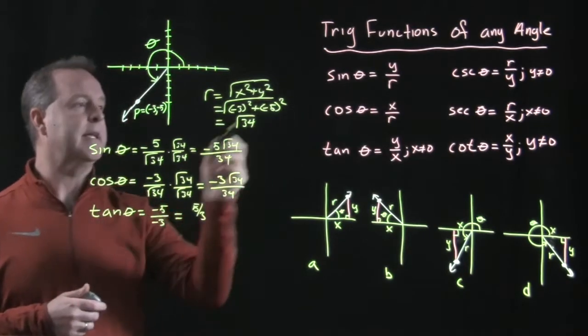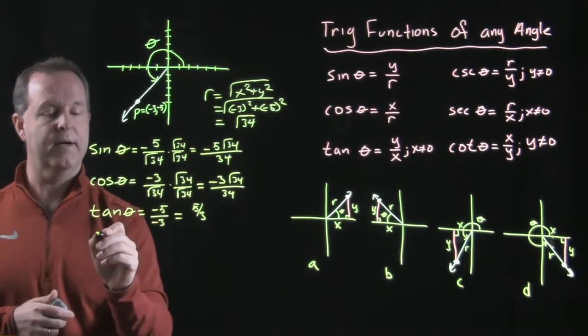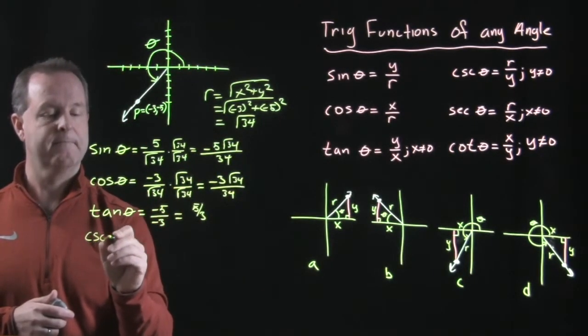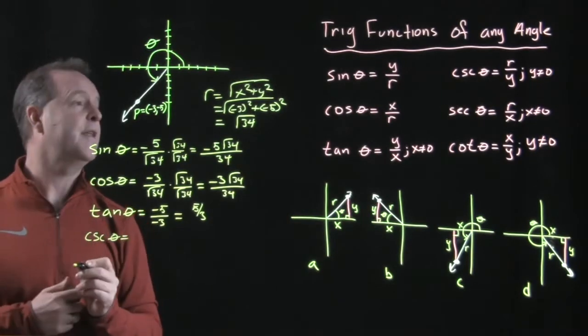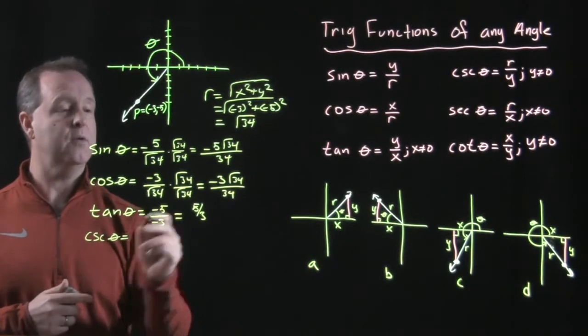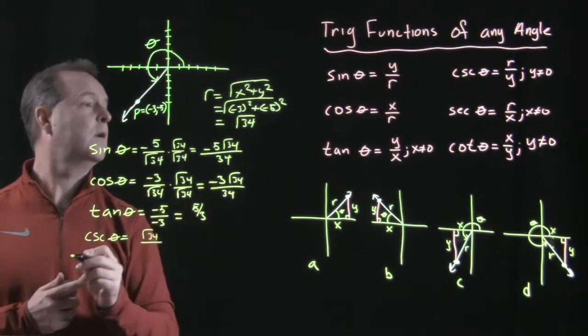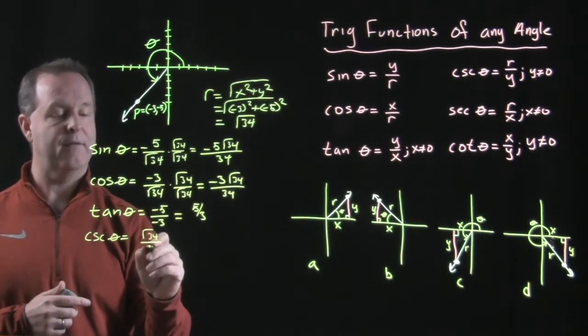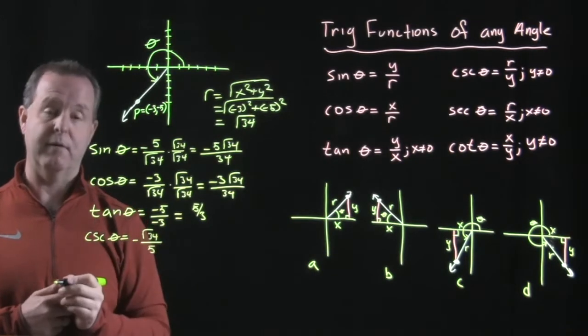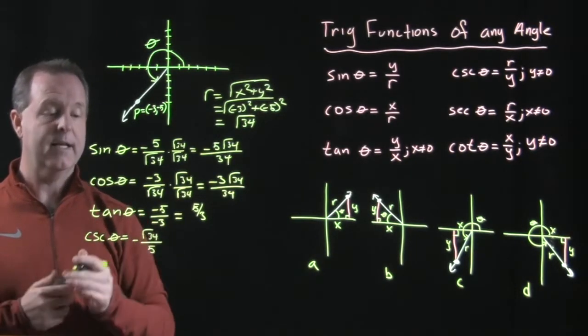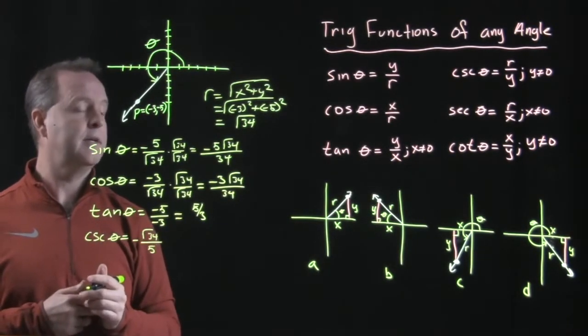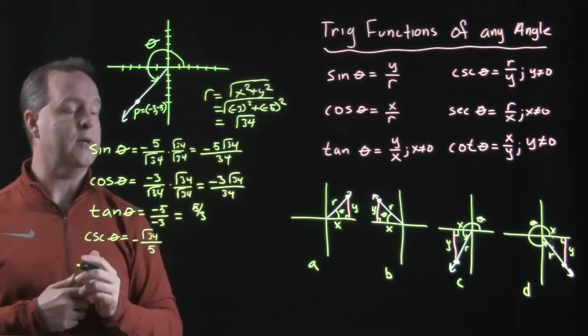Let's look at cosecant. Let's see if we can fit the other 3 on here. Cosecant of theta is my r value, which we discovered is root 34, over my y value, which is -5, and I'll put the negative out in front. So cosecant is -root 34 over 5, and that's defined again where y does not equal 0.